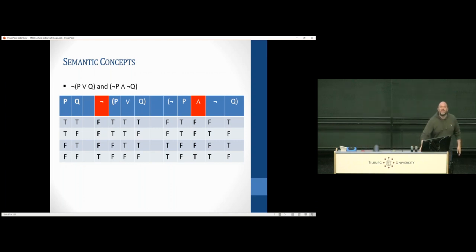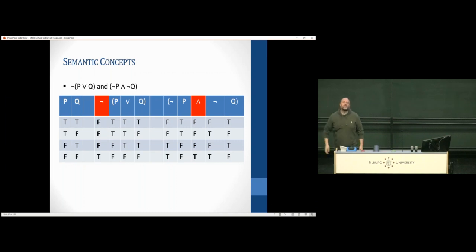If there's even a single valuation, a single row, where the sentences are all true, then they are jointly tautologically consistent. Which valuation is it? It's the very bottom row, right? This is why they capture neither nor, right? So importantly, it doesn't matter if there's a bunch of rows where they're both false. All that matters is whether there is even a single one where they're all true.